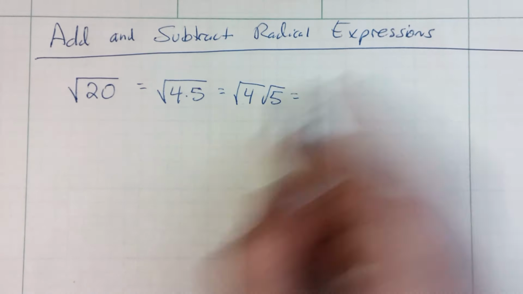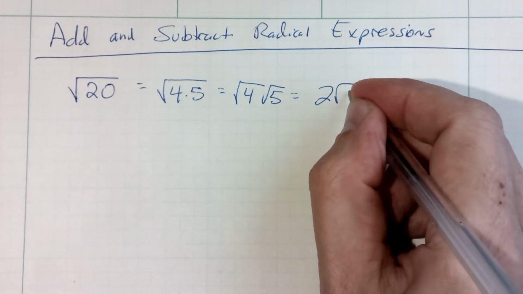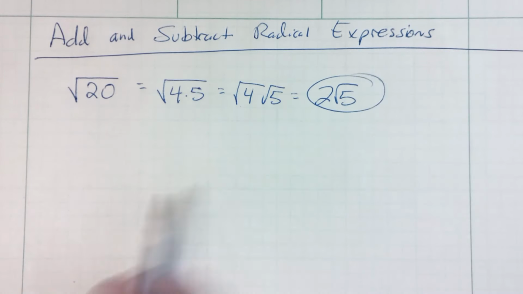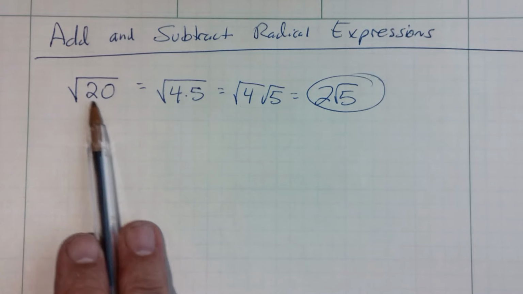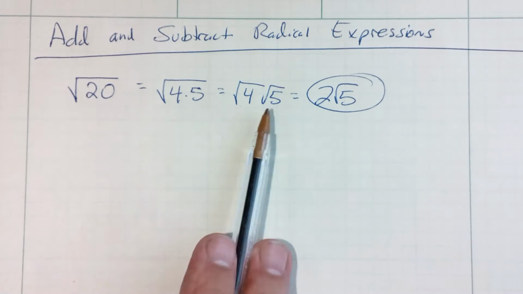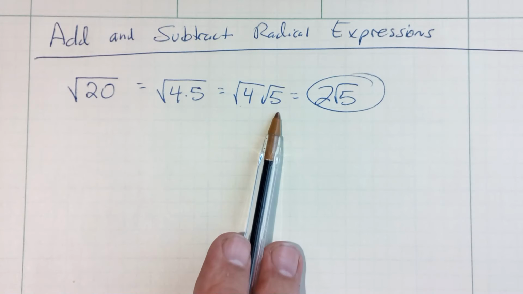Square root of 4 is 2, and I get 2 square roots of 5. So that was reducing radical expressions by square rooting any factors that are perfect squares.